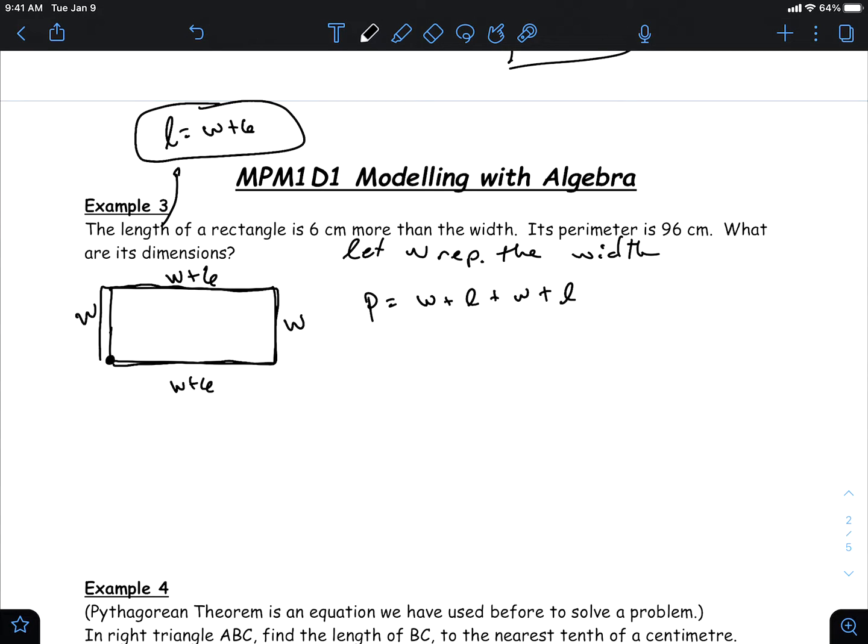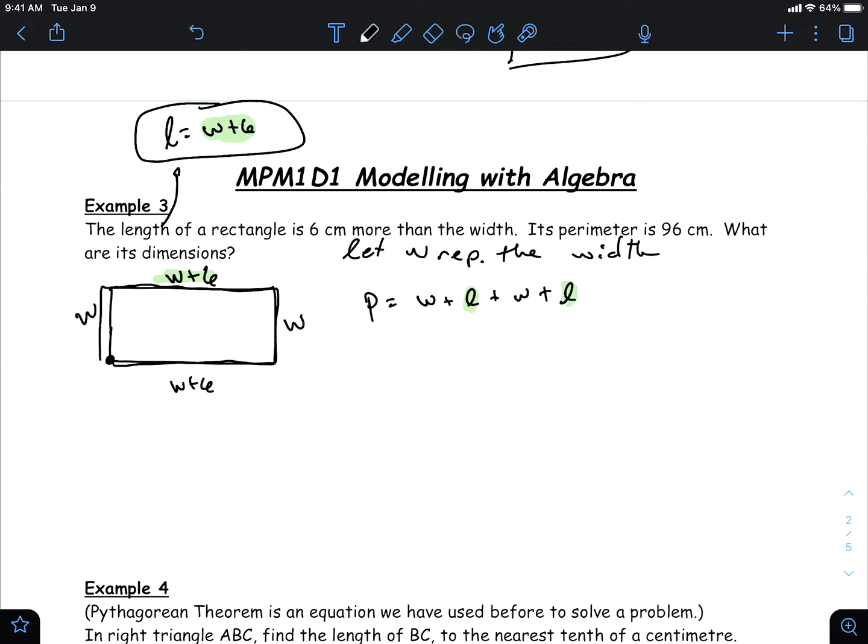And we know that length is equal to W plus 6. I'm just going to pause here, make sure everybody's okay. Instead of writing length, everywhere I see the L in my equation, I'm going to replace it with W plus 6, because that's how the length is related to the width.